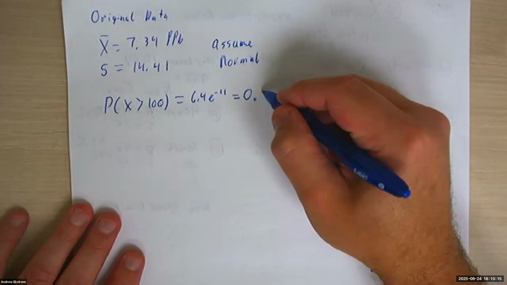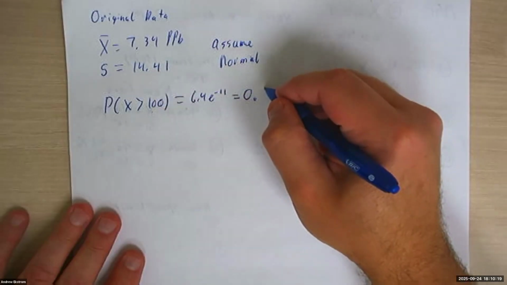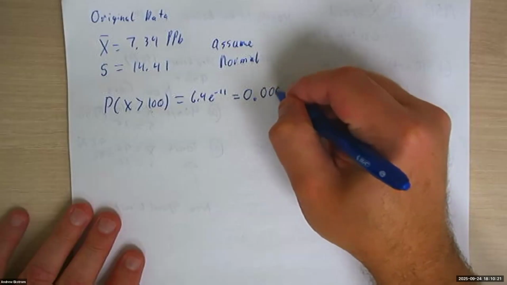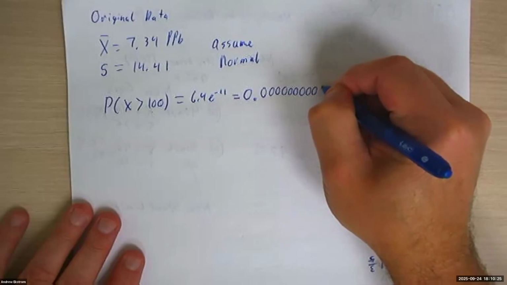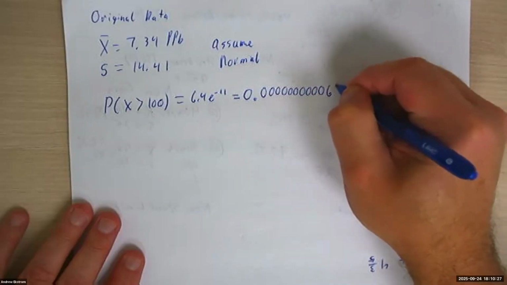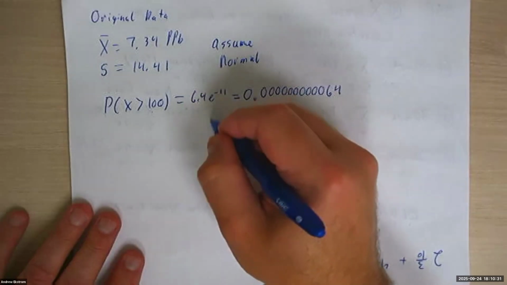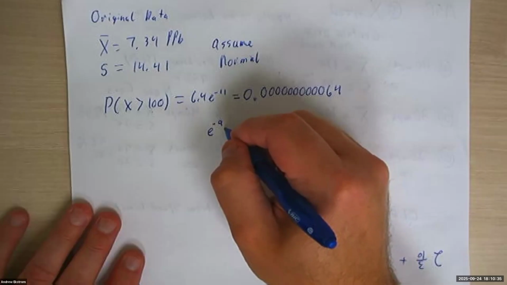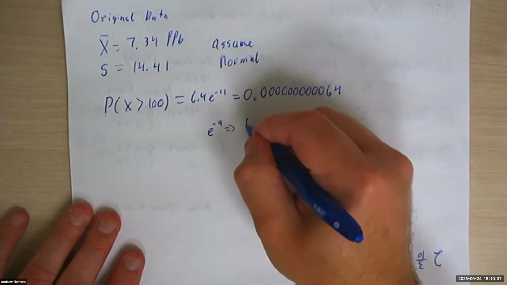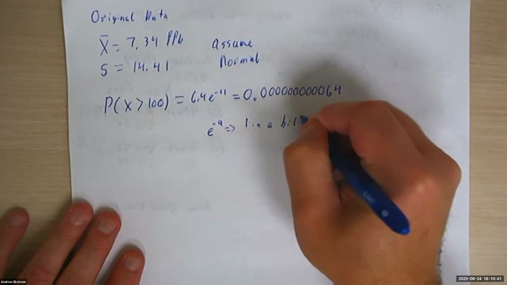So what's going on here is the probability, again, based upon the data I have here. So 1, 2, 3, 4, 5, 6, 7, 8, 9, 10. And just so we know, e to the negative 9 is 1 in a billion.